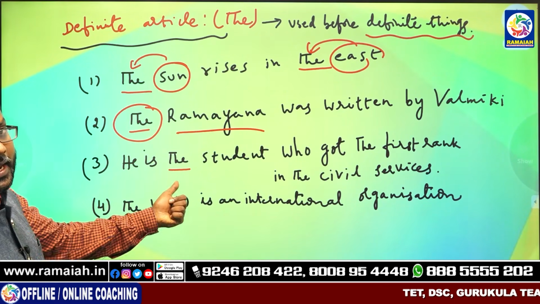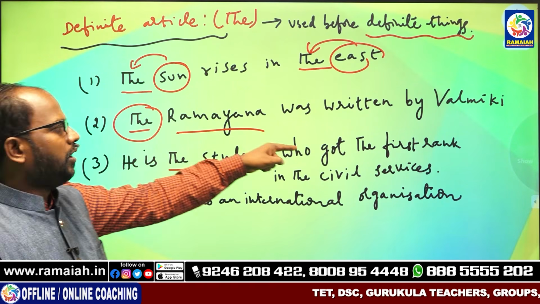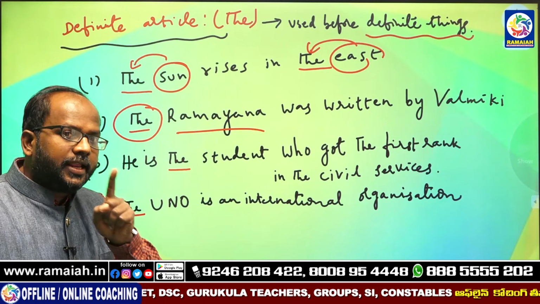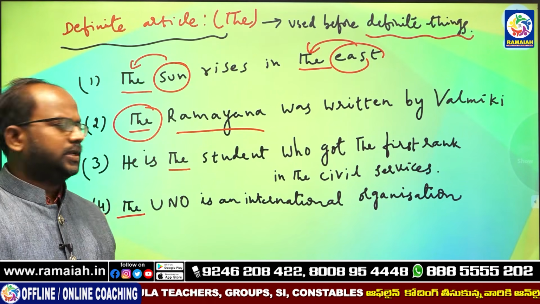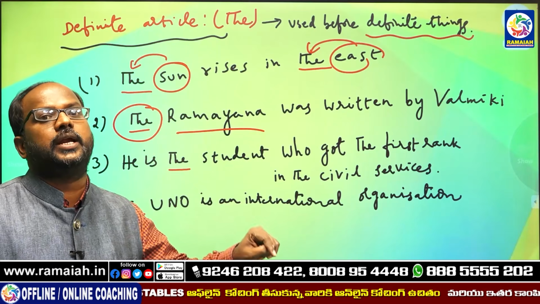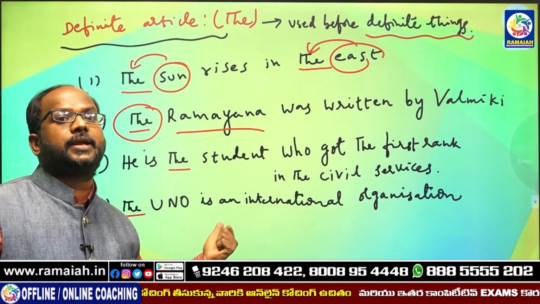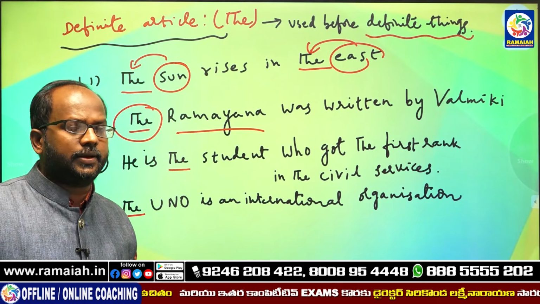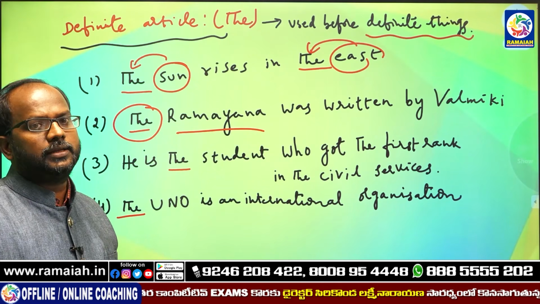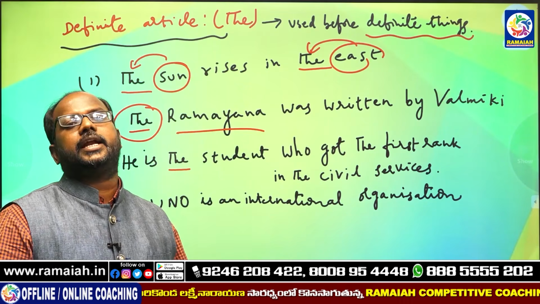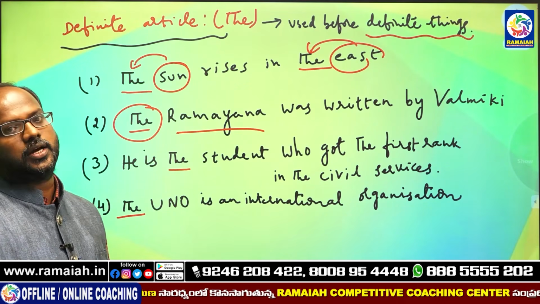You see, he is the student who got the first rank in the civil services. Not a student. Yes, he is a student, but here a student becomes the student. What is the reason? We are saying about this student in a particular way, in a definite way, so the student.